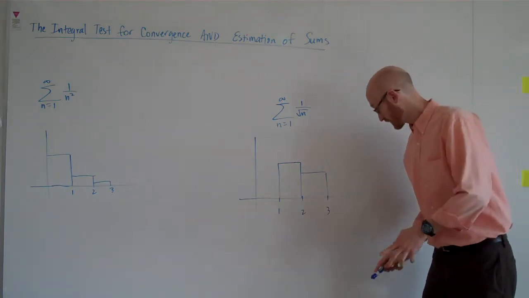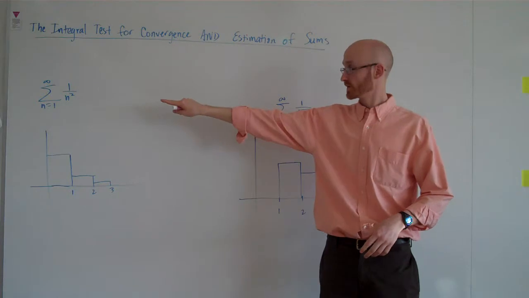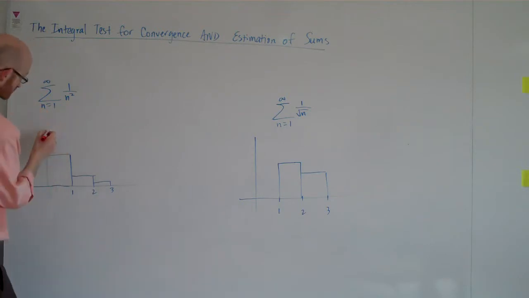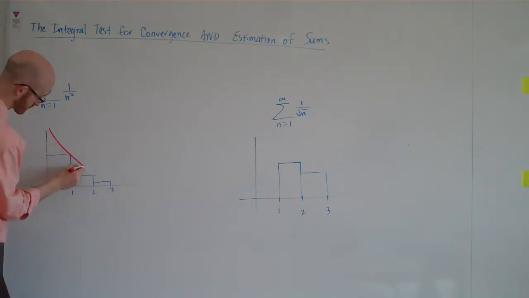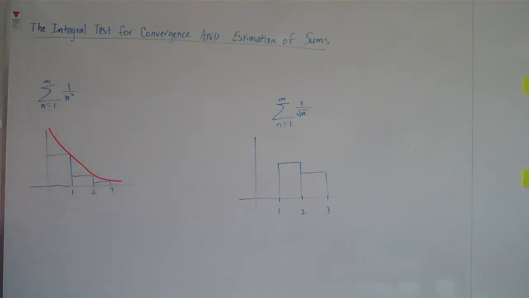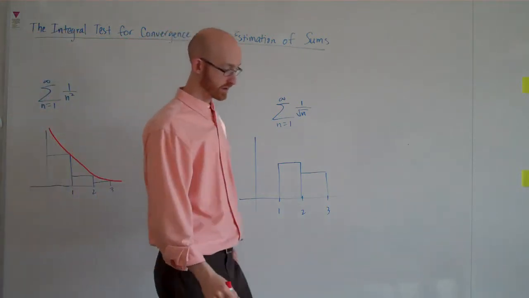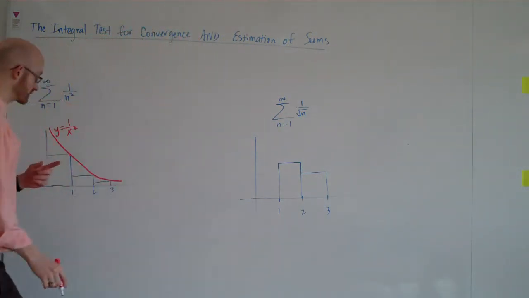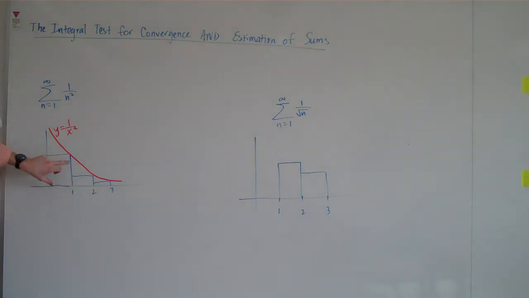Let's deal with this one first, 1 over n squared. We could write a function that does that, and that function is 1 over x squared. An important note here is that it touches all of the right endpoints, the right sides of our rectangles, and thus is greater than the area of each of these things.